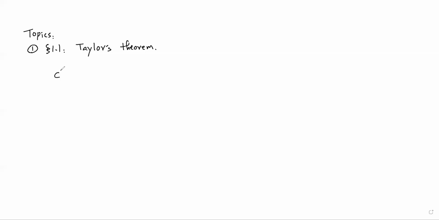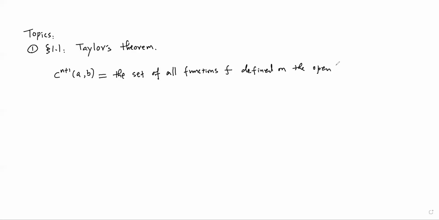This notation: C means continuous. This notation means the set of all functions defined on the open interval AB.